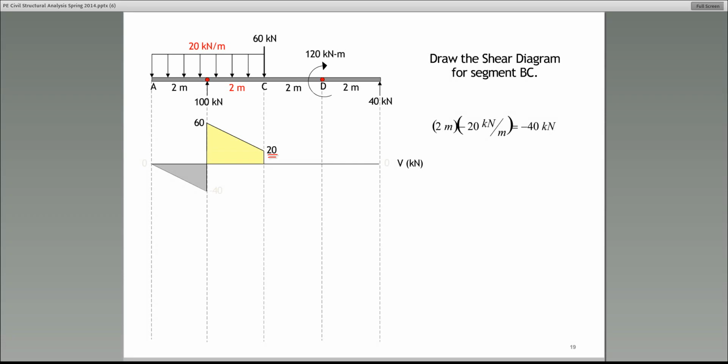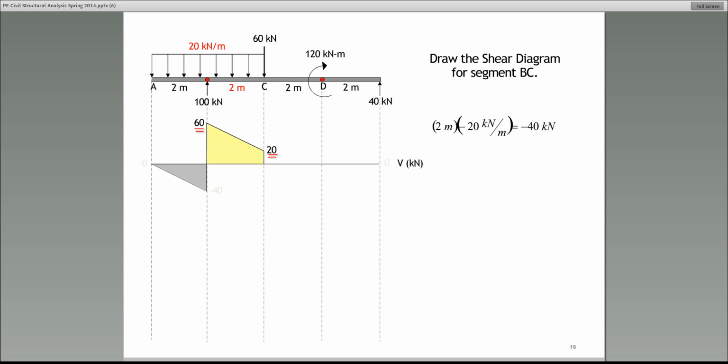Remember I asked you what's the second thing that we do when we integrate something? Well, we find the area under the graph. At point B, shear is at positive 60.